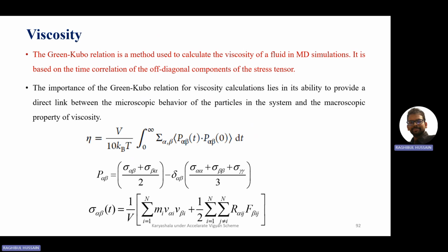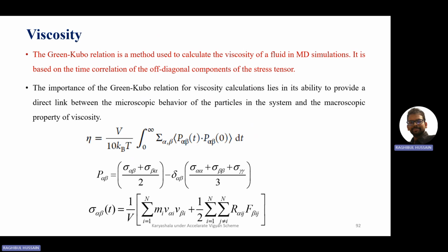That is the velocity of the ith component in the x direction. Let's say this is x. The velocity of the ith component in the x direction will be multiplied in a dot product by the velocity in the y direction. Let's say alpha is x and beta is y.